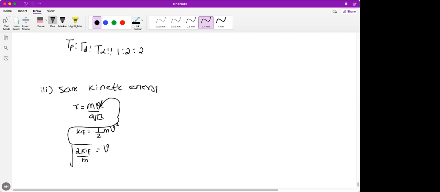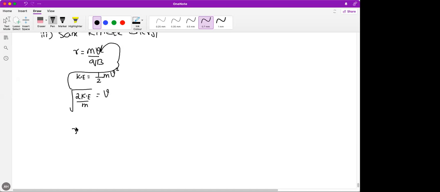Substitute it here and you will get that radius is m over qB into root over twice of kinetic energy divided by the mass of particle.